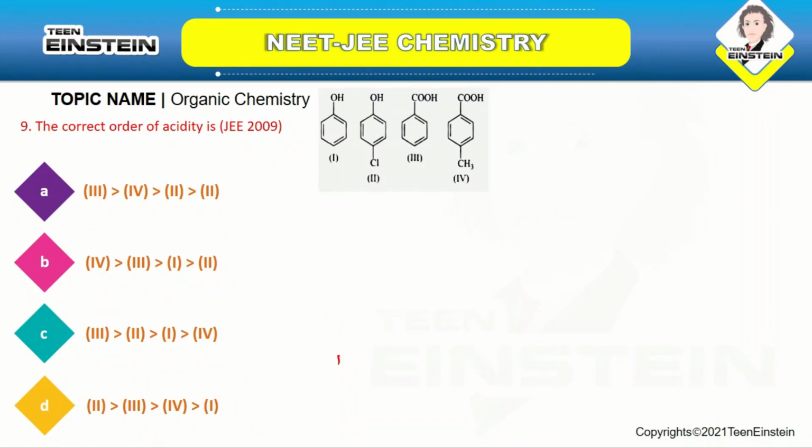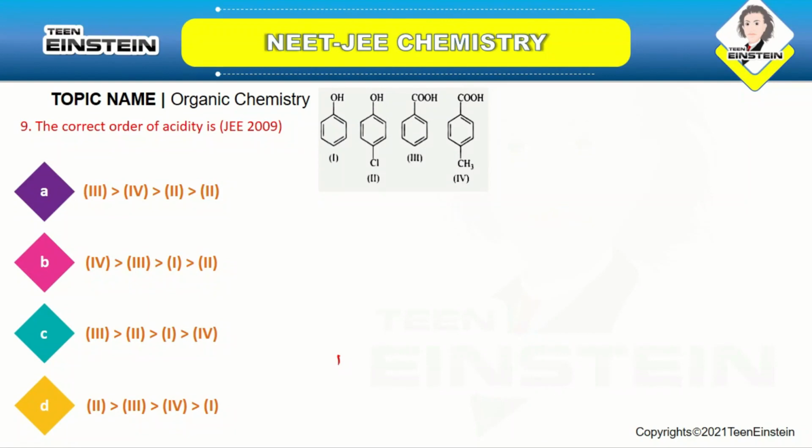When an electron withdrawing group is present on the phenol, the acidic character increases and an electron donating group decreases the acidity of the phenolic group. Comparing carboxylic acid and phenolic group, carboxylic acid is more acidic than phenolic group.